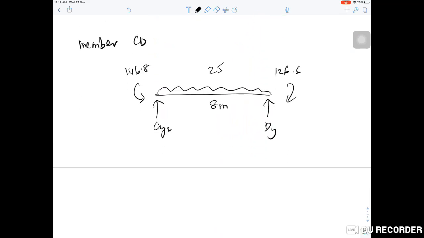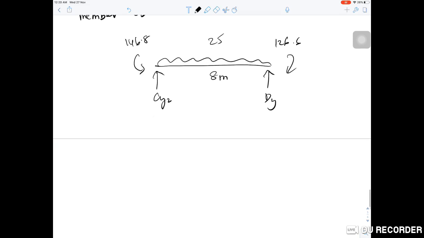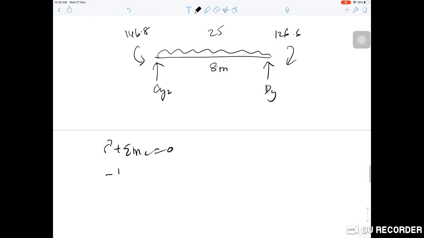Okay, so we have to analyze this using static equilibrium, to determine the CY2 and DY values. By taking moment at C equal to 0, it is negative 146.8 plus 126.6 plus 25 times 8 times 2 minus 8 DY is equal to 0.